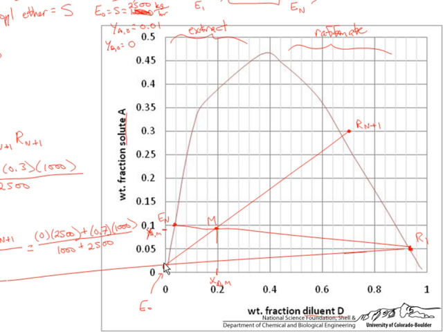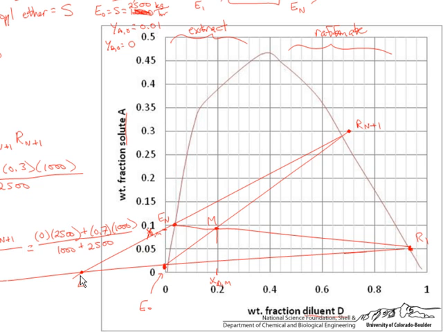I know that the difference point is somewhere along this line, but I don't know where. But I do know that the difference line is also collinear with Rn plus 1 and En. So I can draw a line between those points, and the difference point is somewhere along that line as well. It's going to be the same difference point in both cases. So where these two lines cross has to be the difference point. So that's my difference point delta.